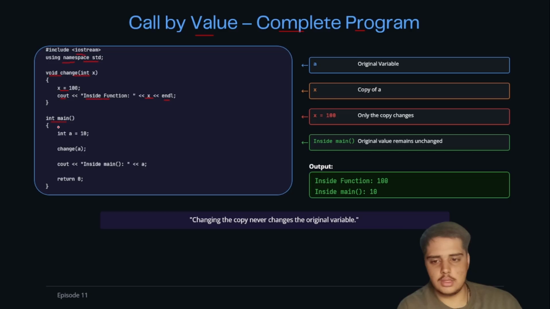Inside int main, int a is equal to 10 and change(a), cout inside main a, and return 0. Changing the copy never changes the original variable. Let me show you this code in VS Code also.